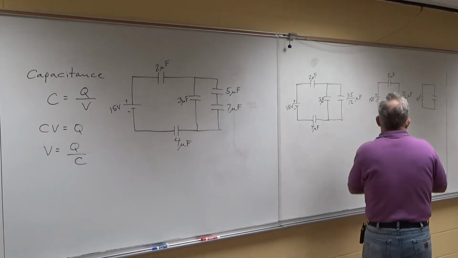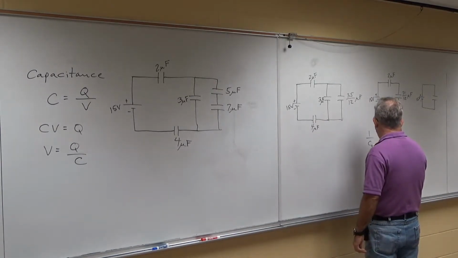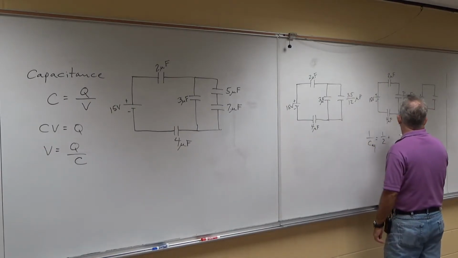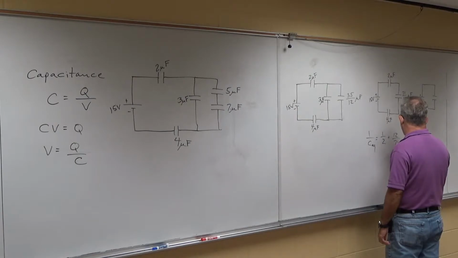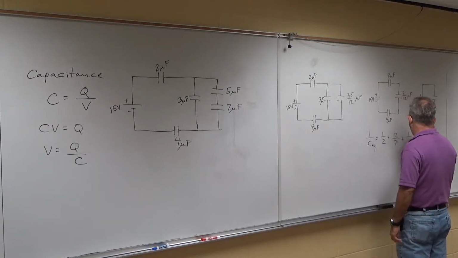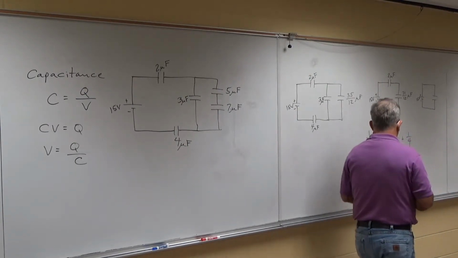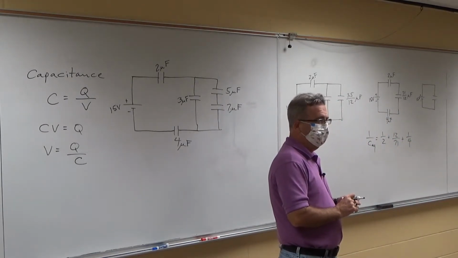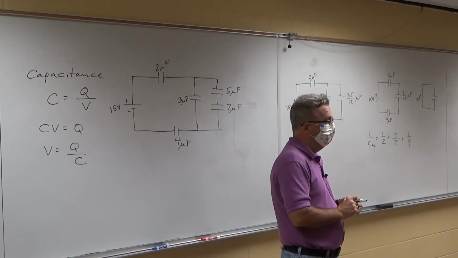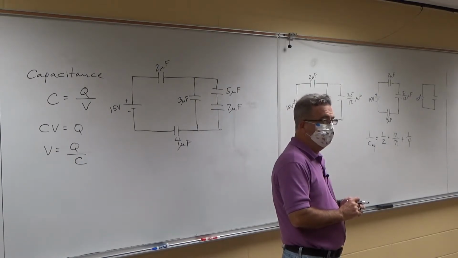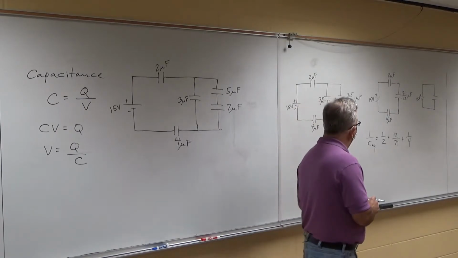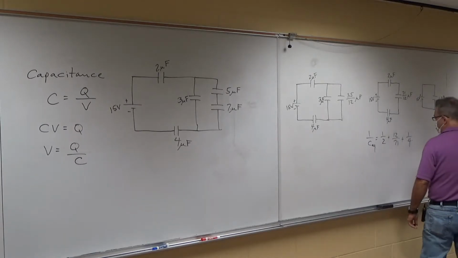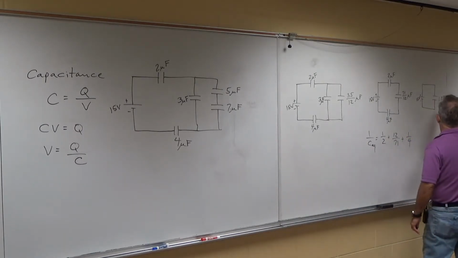Let's do it. You got 1 over C equivalent is equal to 1 over 2 plus 12 over 71 plus 1 over 4. And good luck finding a common denominator there. I got 1.09. 1.09? Okay. 1.09 microfarad.